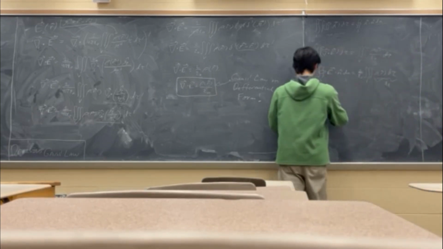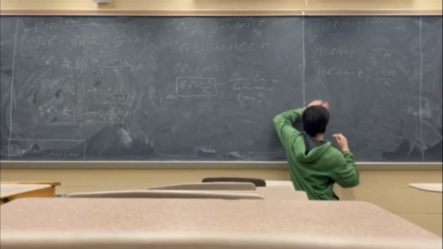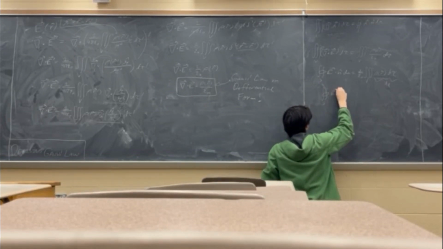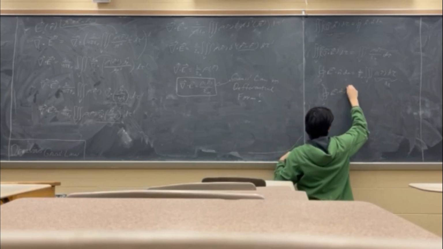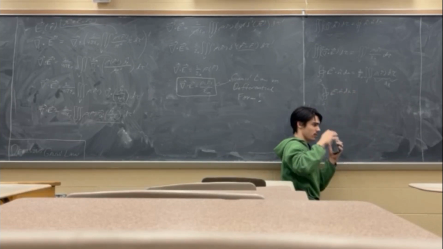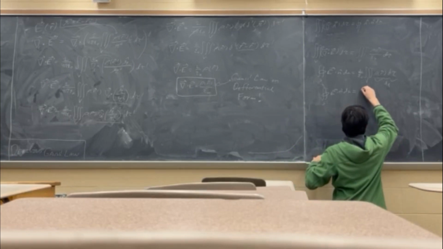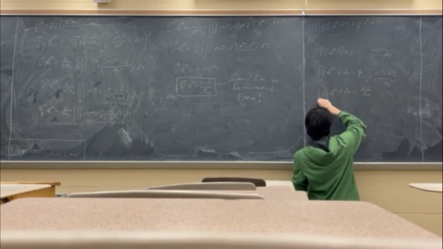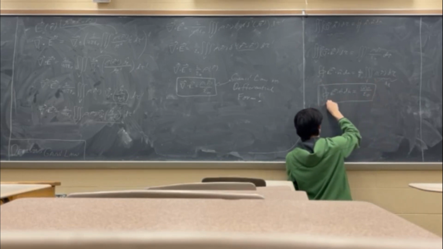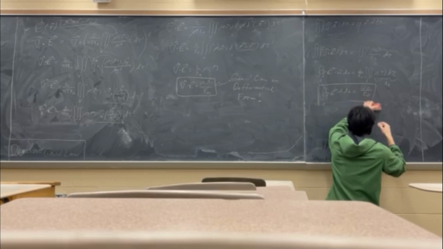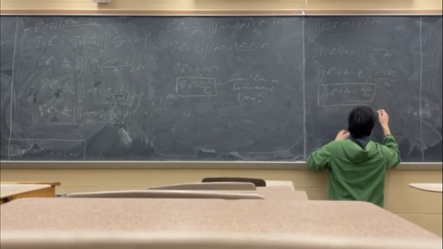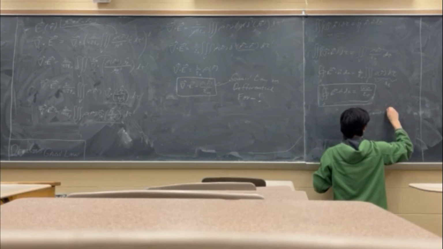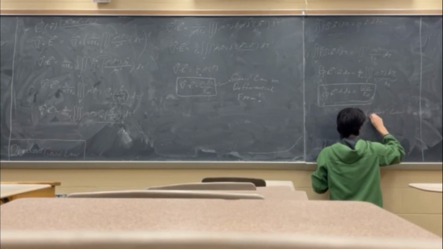So what we end up with is that the surface integral of E dotted with n hat dA over a closed surface is equal to the charge that is enclosed within that surface divided by epsilon naught. And this is Gauss's law in integral form.